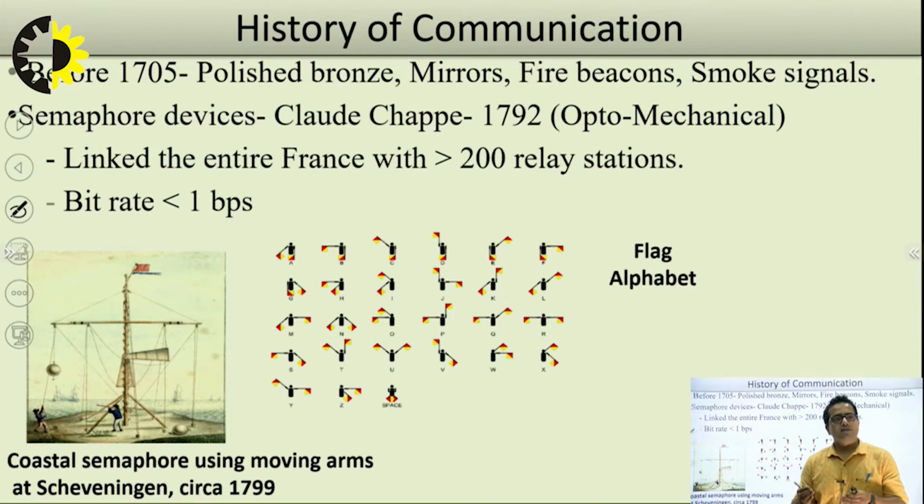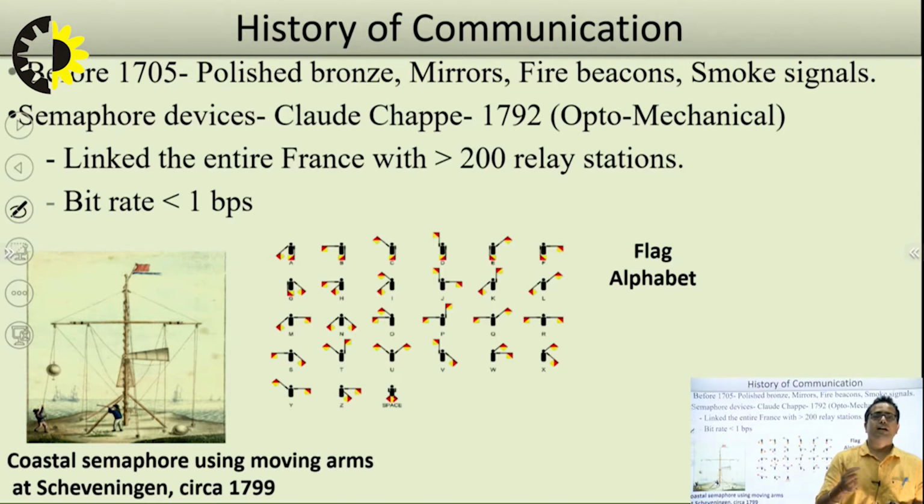In that, people were using a mirror for communications. There would be one person standing at some distance, and with the help of a polished bronze mirror they would communicate with each other. Apart from the mirror, another means for transmitting information was fire beacons.